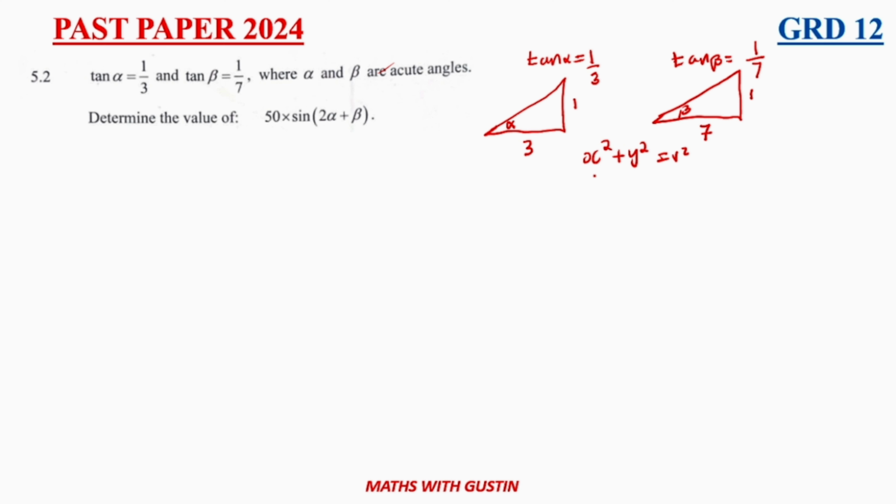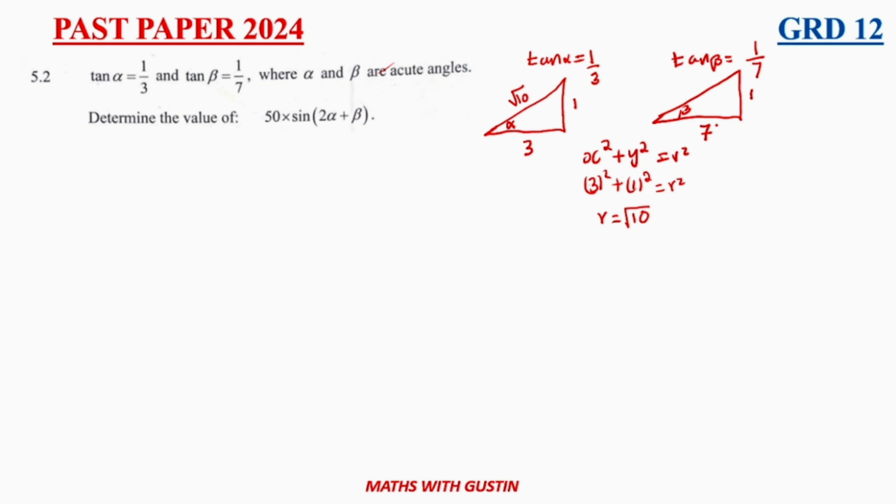We substitute x is equal to 3, so 3 squared plus 1 squared is equal to r squared. So therefore 9 plus 1 is equal to 10. Therefore our answer will be square root of 10. So now our r here will be square root of 10.